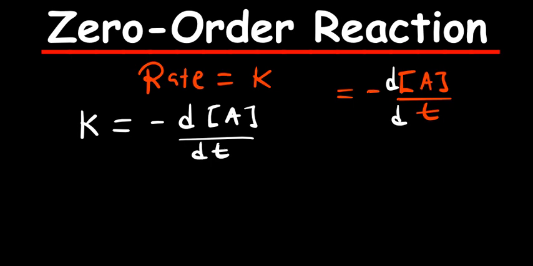Now after we've differentiated, I want to put A on its own. So I'm going to have negative d[A] equals K multiplied by dt.